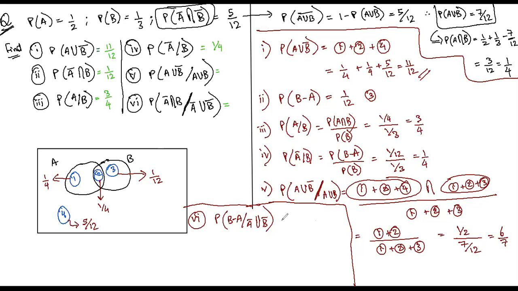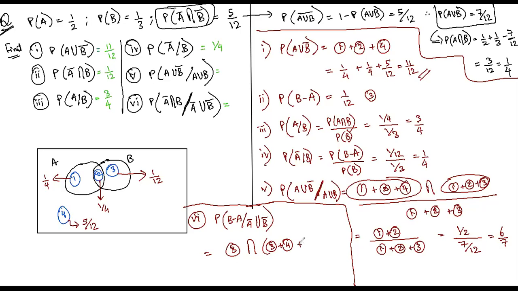So once again let us write it. We want the common part between B minus A, which is basically region 3, and what is common with not A or not B. This is important. What is not A? Not A will be region 3 plus 4. And what is not B?